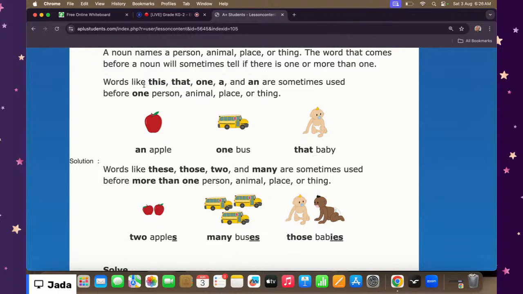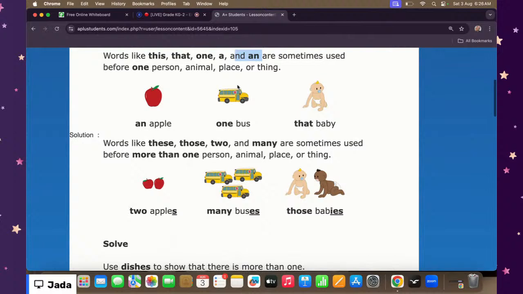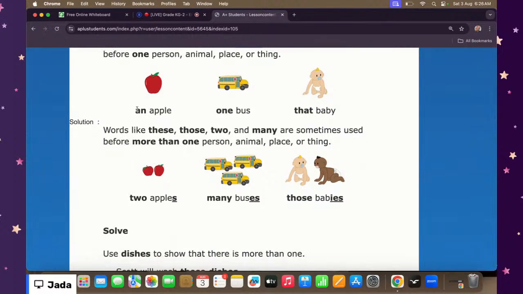So we have an apple. That's when you use an. One boss, that baby. So all this, you know that it is referring to one.